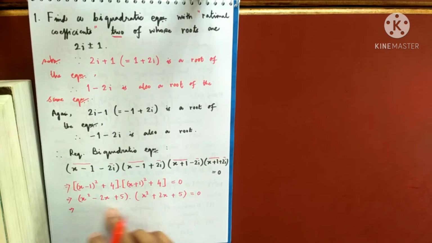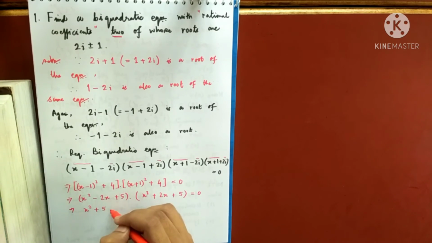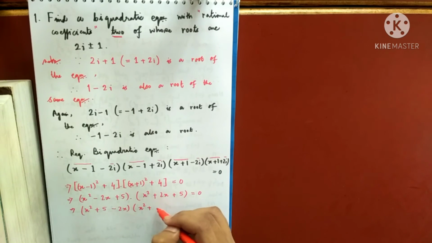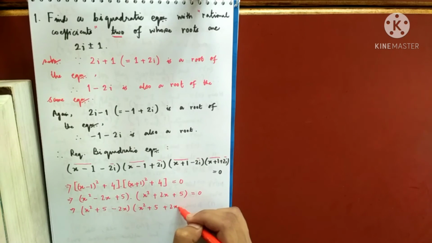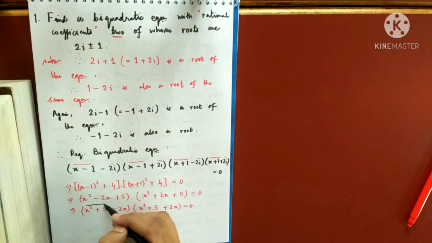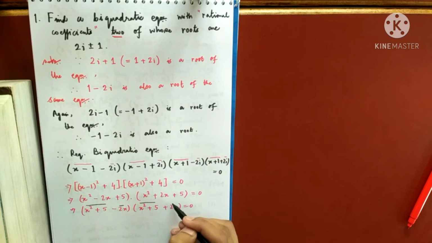Again, if you multiply directly, you will get 9 terms. That will be too hectic. So what you do? Just rearrange a bit. x square plus 5 minus 2x. And this is x square plus 5 plus 2x. Again, think of this as a and think of this as b.